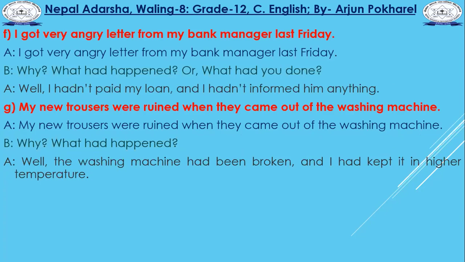You have to use had plus verb three again, had plus verb three all the time. If it is active, had plus verb three. Color had transferred, because the trousers were all ruined.